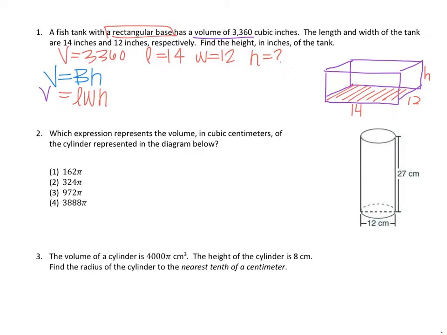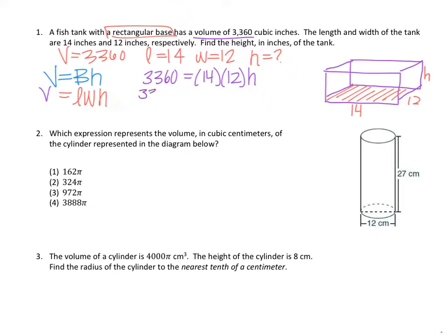So now we're going to plug in what we know. They tell us volume is 3,360, so we're going to start with that. 3,360 equals our length was 14, our width was 12, and we don't know the h, so we'll leave it as h. So now we're going to type in our calculator 14 times 12, which gives us 168.